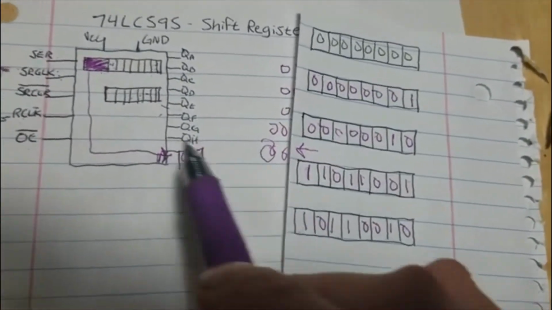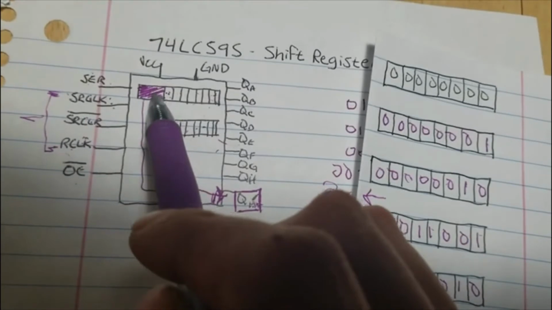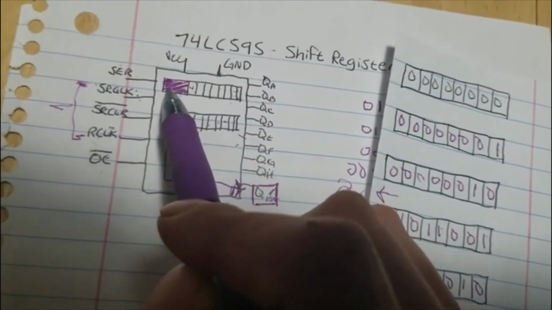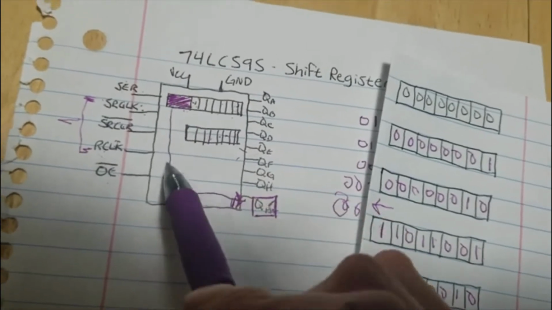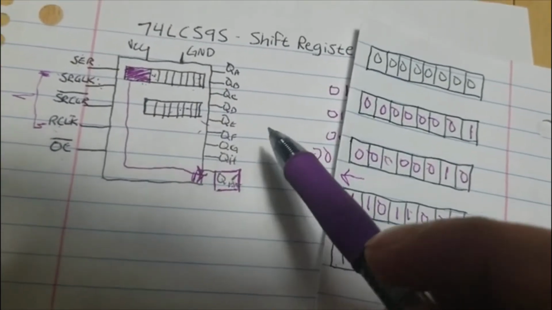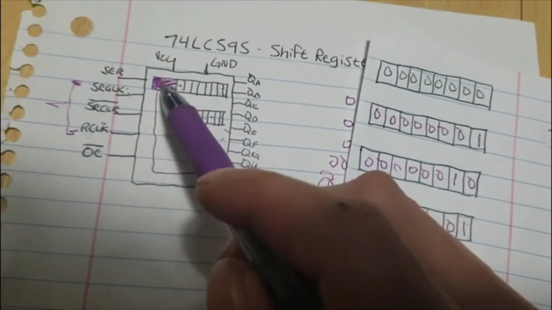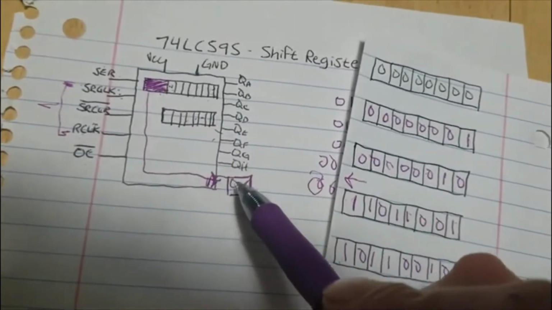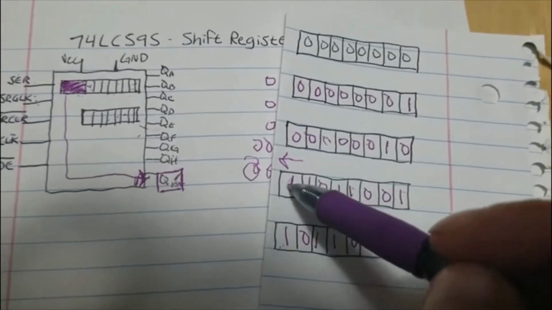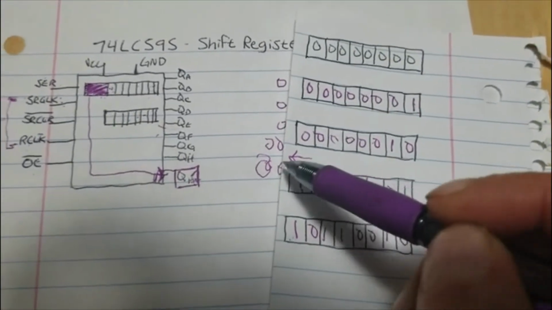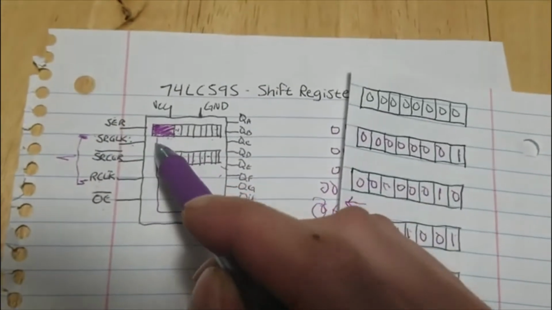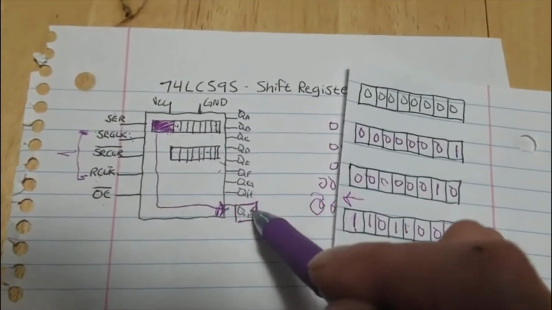That's equivalent to, well, this thing here. This is our 8 spots. Goes over to the 9th one. We also have this QH prime pin here, and that will actually push that out as output too. So this one is getting shifted over to this guy and out.